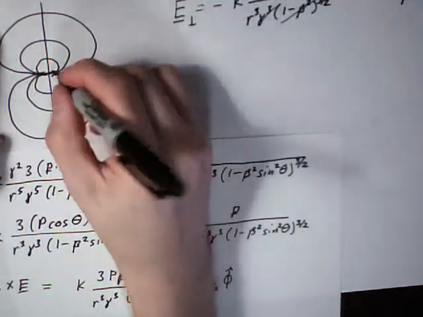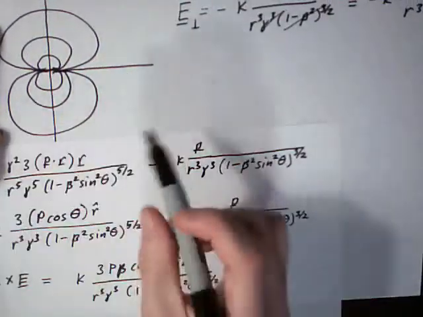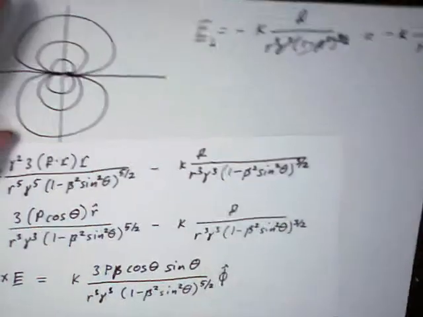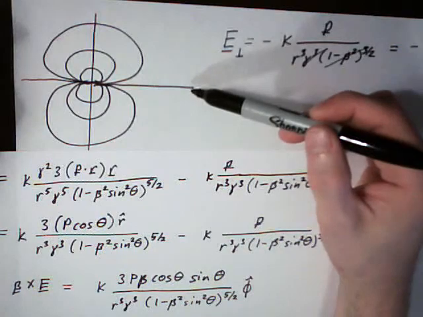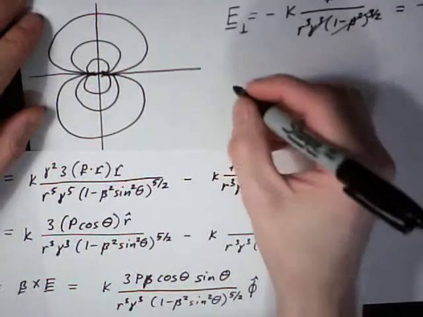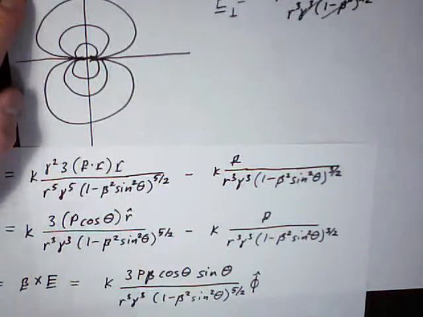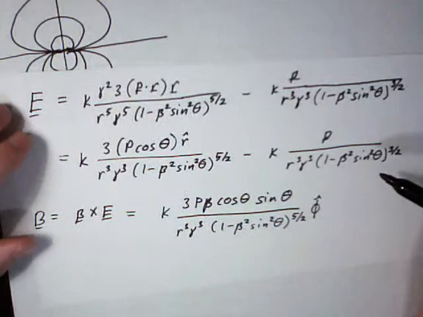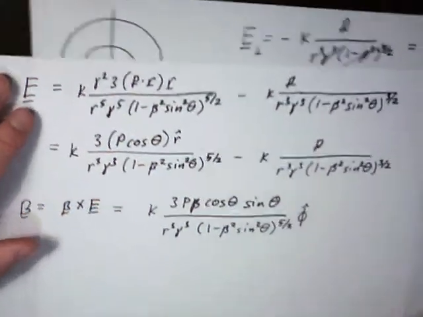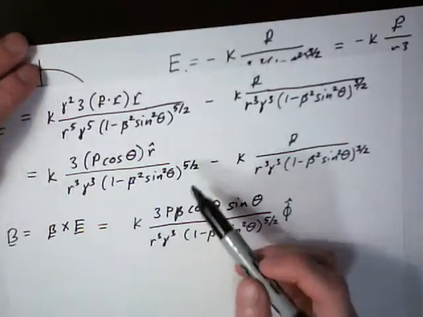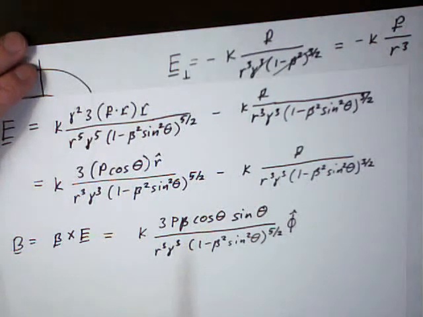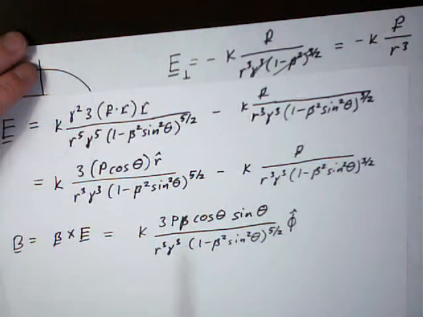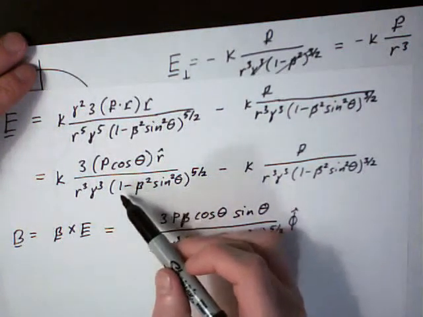Now I also want to look at a line that runs through the axis of the dipole, right? That's also now parallel to P, and so theta is 0. Now if I look on my equation here, I have sine of 0 is 0. So all I get is a 1 here.